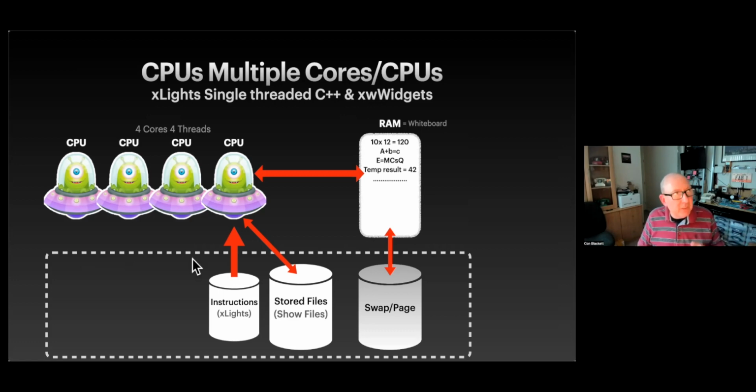So if somebody says to you, well, just buy a PC with extra CPUs, yeah, it's good for certain things, but not for everything. And in an xLights environment, it doesn't make a massive difference. It doesn't give you 4 times the speed or twice the speed. Generally speaking, extra CPUs are good, but you need a program like xLights that will make the most of those extra CPU threads or cores.